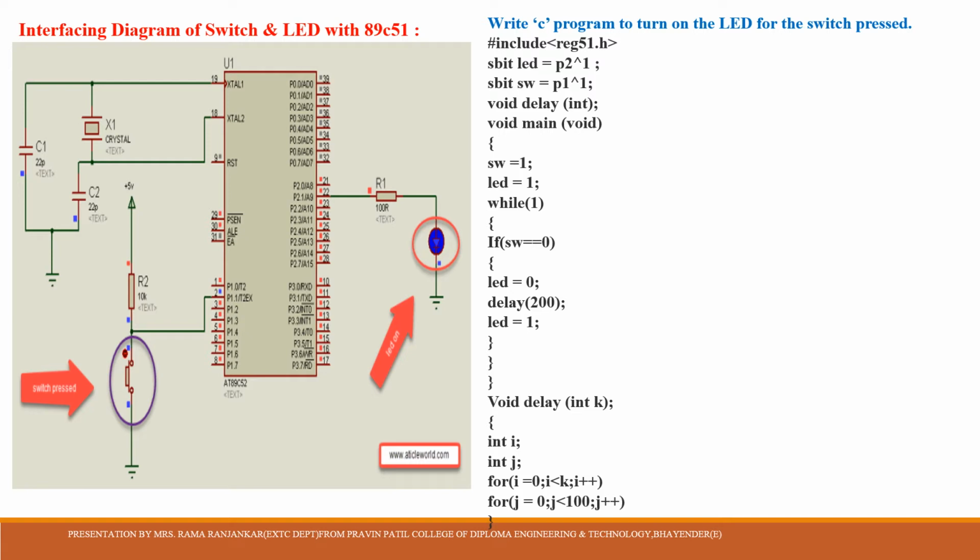While the switch is 0, LED equals 0. Keep the status of the LED on or off with some delay. Again we put the value of delay equal to 200 milliseconds, and after this the LED gets off. This process will continue, and after the main program we define the delay function also.